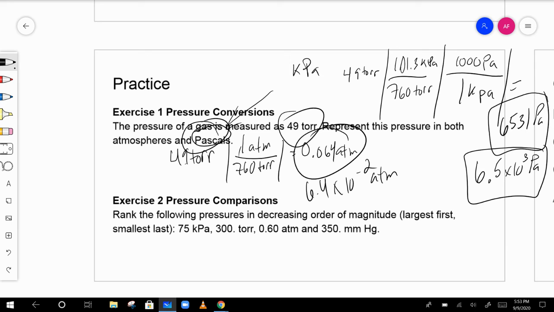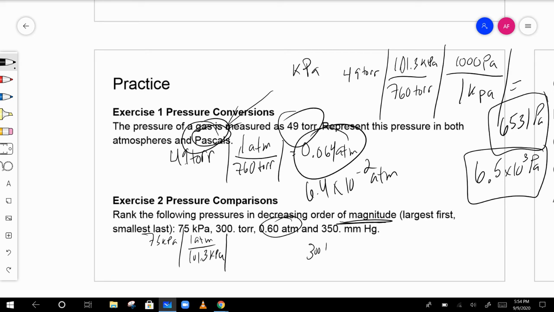Okay, this one: rank the following in decreasing order of magnitude. So basically, we just have to convert everything to one unit. I'm going to convert everything to ATM because 1 ATM is easy. So this one's 75 kPa, it's 1 ATM over 101.3 kPa.